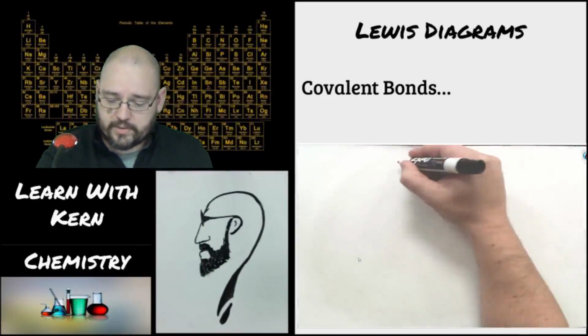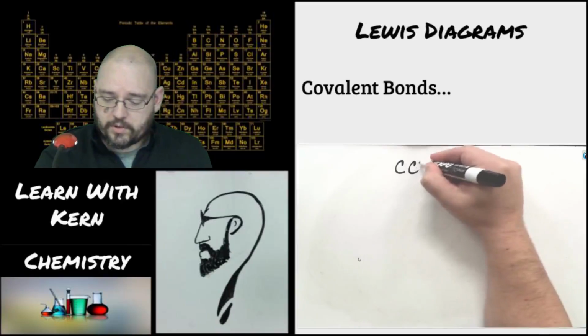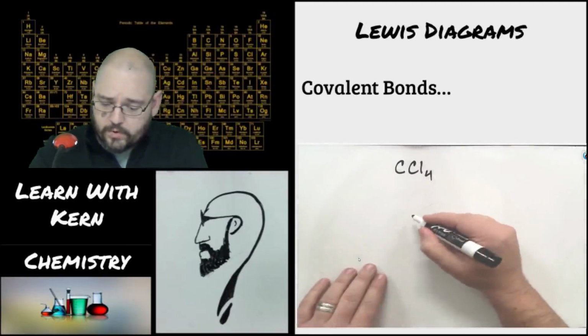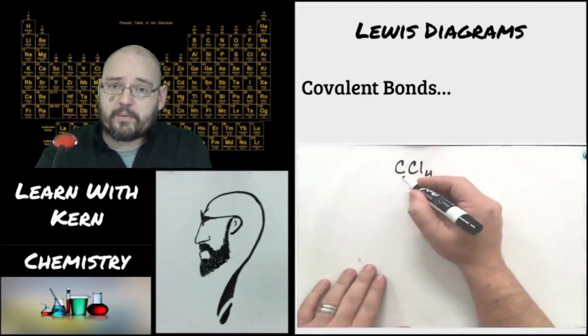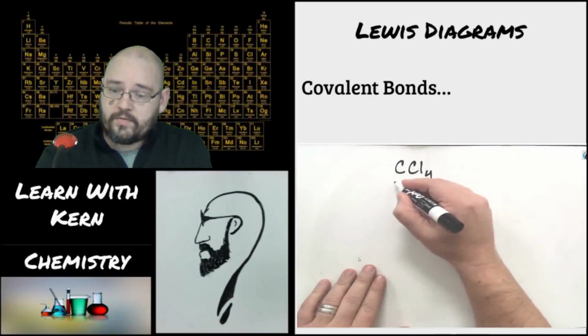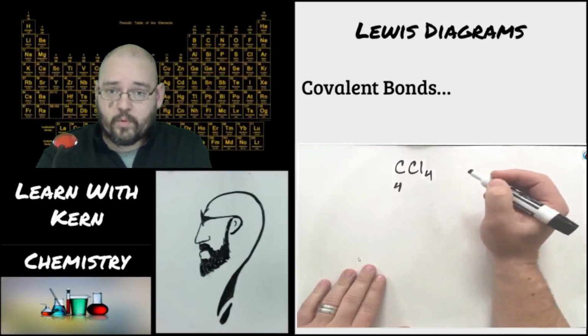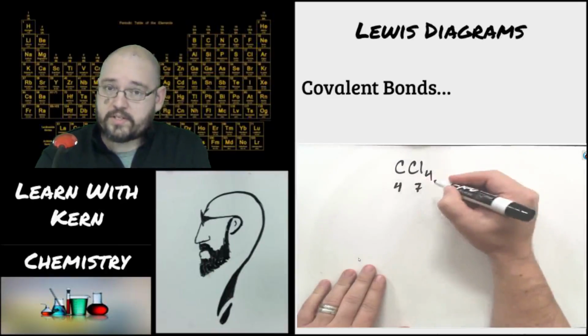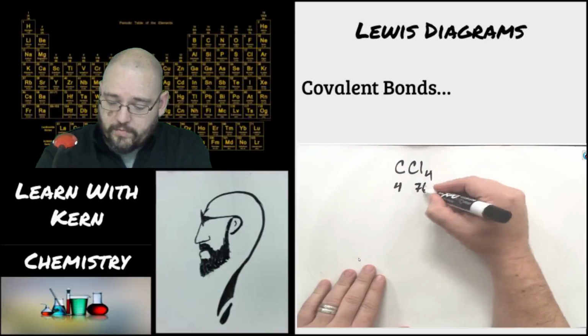So let's do another example of carbon tetrachloride, CCl4. Okay, so first we need to figure out how many valence electrons we have to start with. Well, carbon has 4 valence electrons. It's in group 4. Chlorine has 7 valence electrons because it's in group 7, but there are 4 of those.